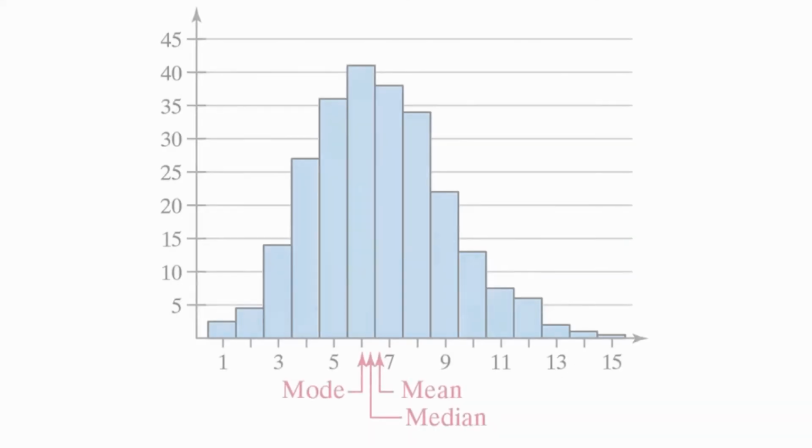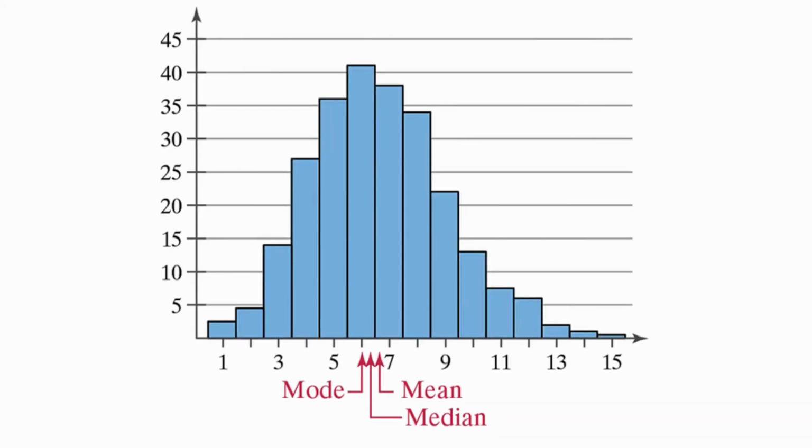On the other hand, we have the positive or right skewed distribution, where the tail is to the right and accordingly the mean is dragged to the right away from the median. So thinking in terms of that positive definition, the mean is greater, so if you subtract the median from the mean, you would get a positive number.